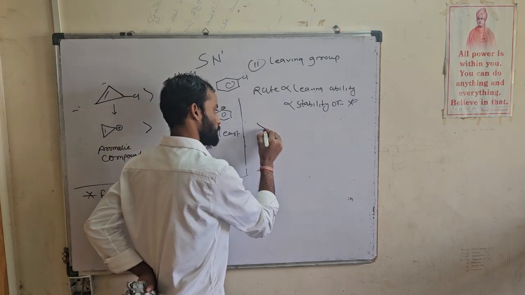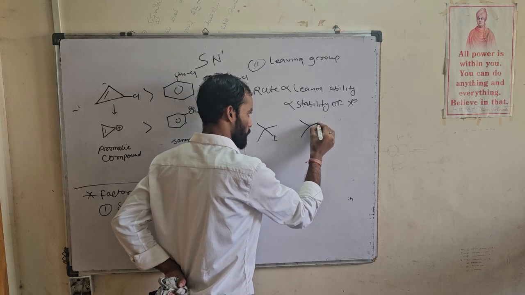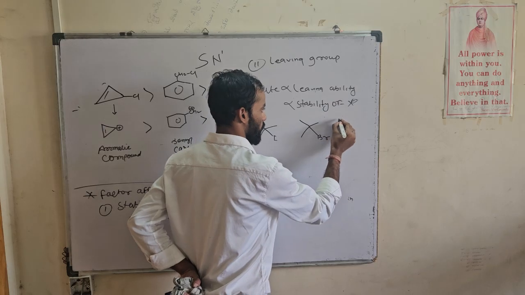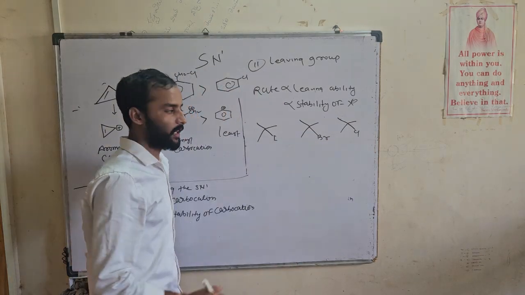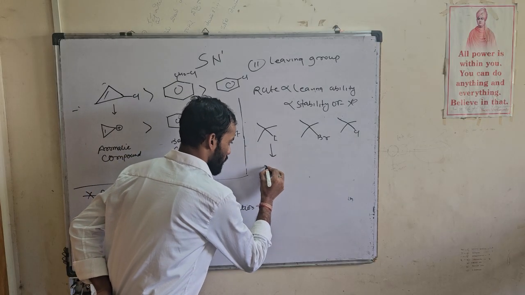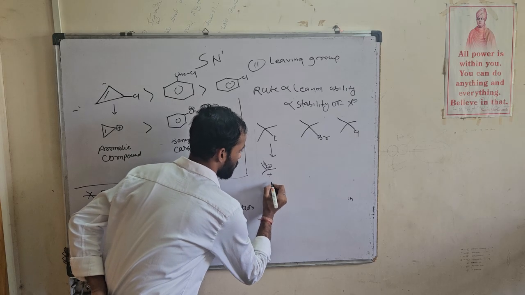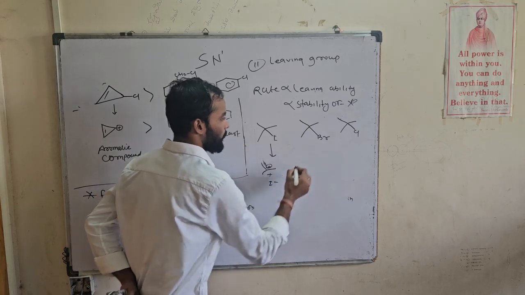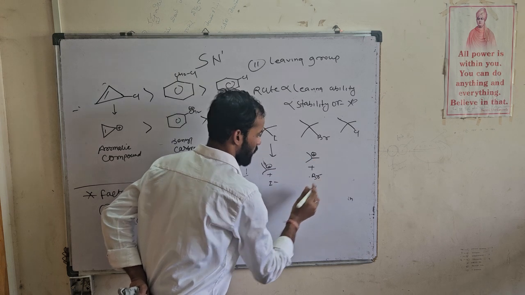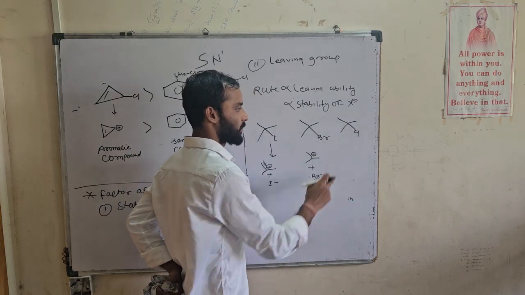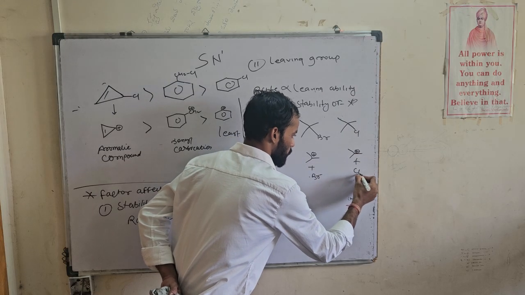Hydrolysis of tertiary iodide, hydrolysis of tertiary bromide, hydrolysis of tertiary chloride. The first step of hydrolysis will give a tertiary carbocation along with iodide ion, a tertiary carbocation along with bromide ion, and the third alkyl chloride will give a tertiary carbocation along with chloride ion.